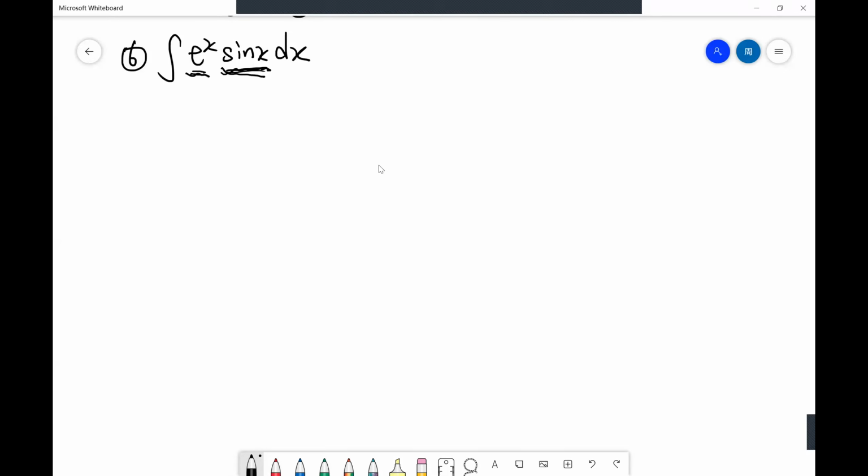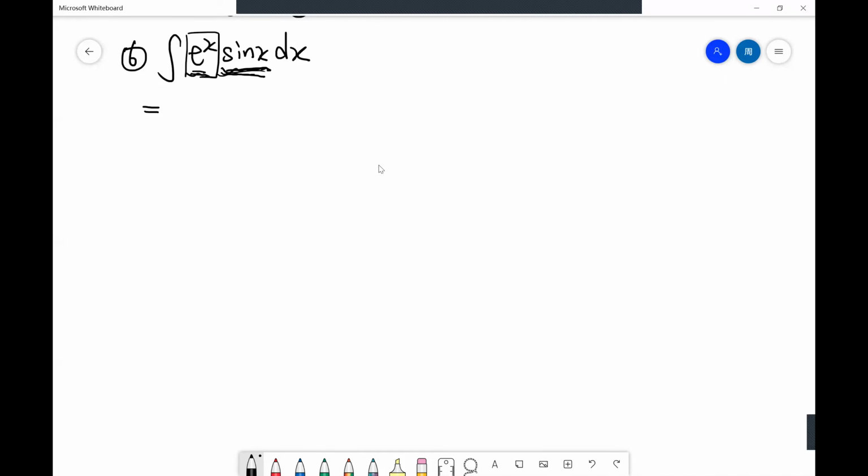So here, because I was thinking that d sin x, d cosine x, maybe there will appear the minus sign here, right? So I choose e^x be v and sin x be u here.